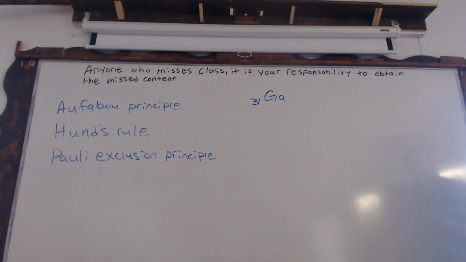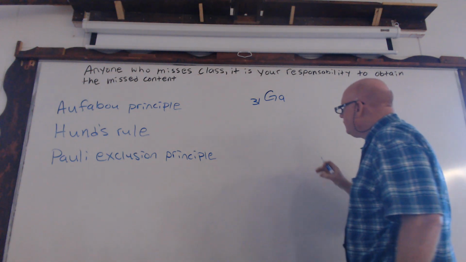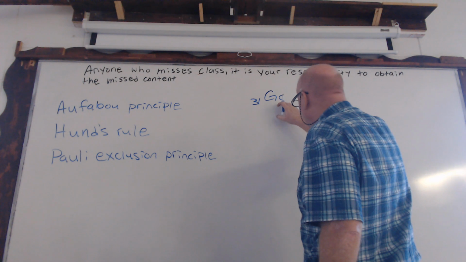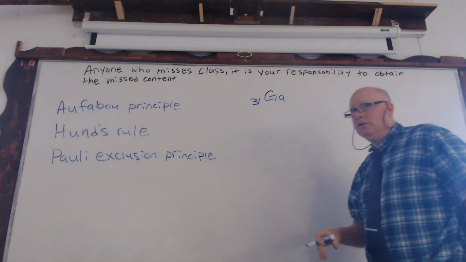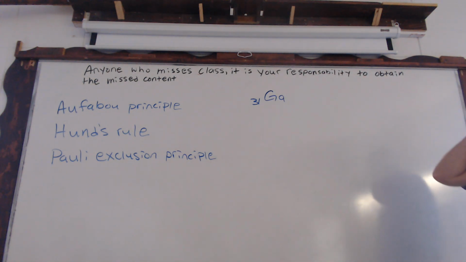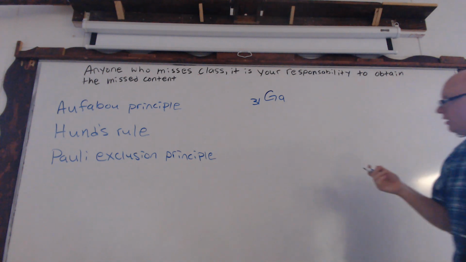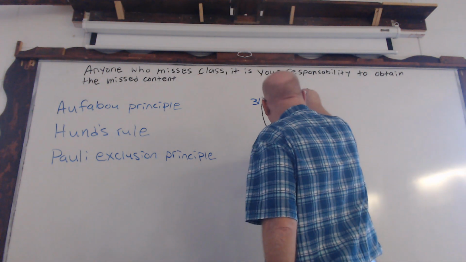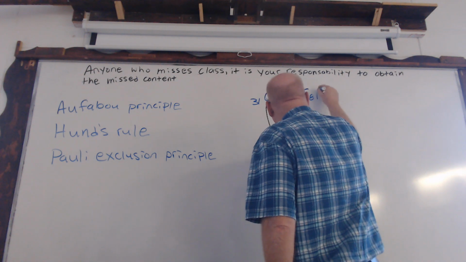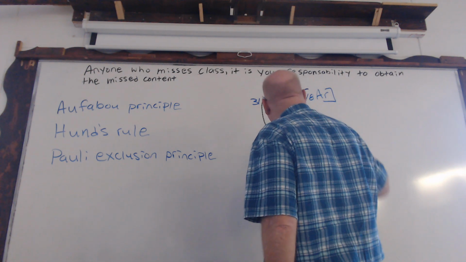If we were to do the configuration for gallium, that means you're probably going to use an argon core, right? If you're going to take a shortcut. So what that means is we're already up to 18. There's our argon.